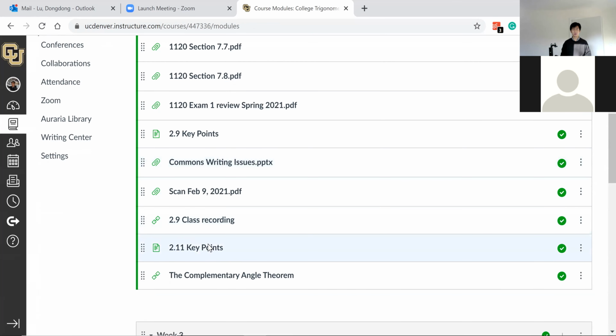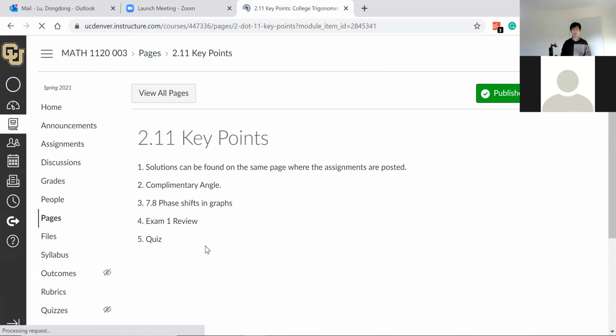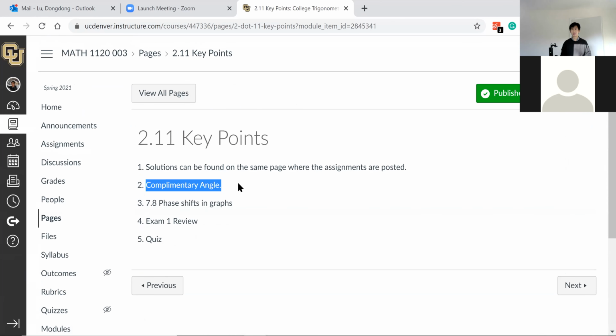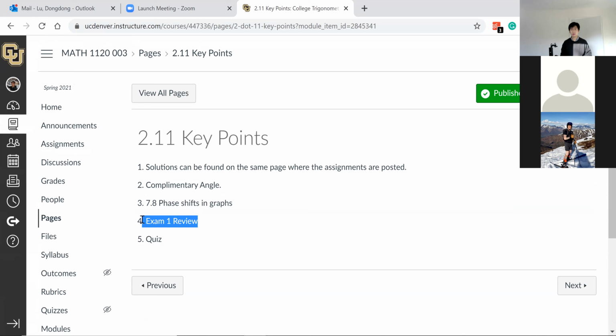And the second point we're going to talk about today is complementary angle. Actually, when I was preparing for the teaching today about the exam one review, I found that one important topic, which is not covered in our previous classes, is complementary angle.